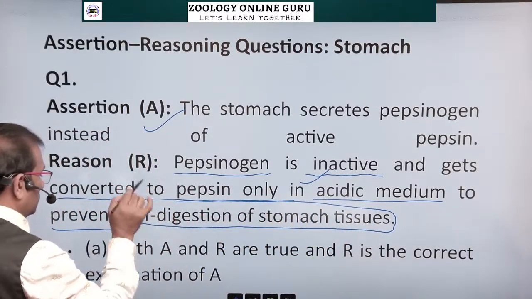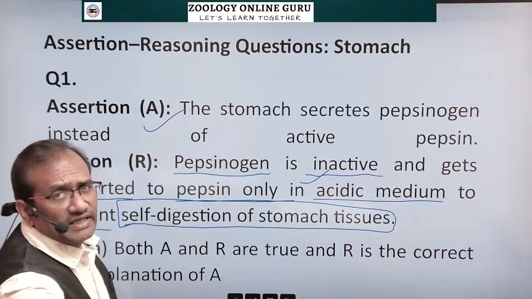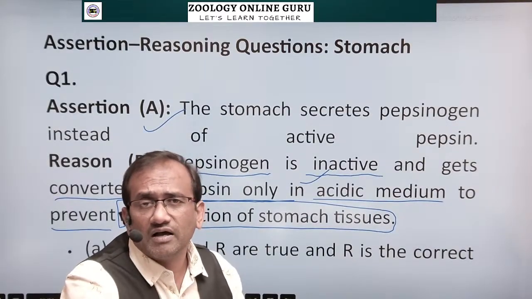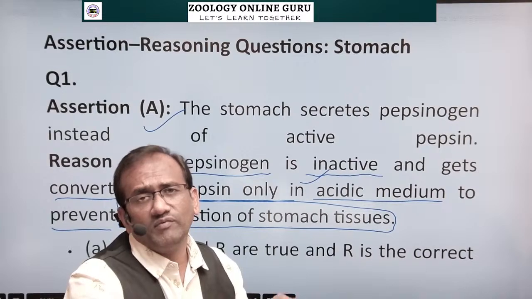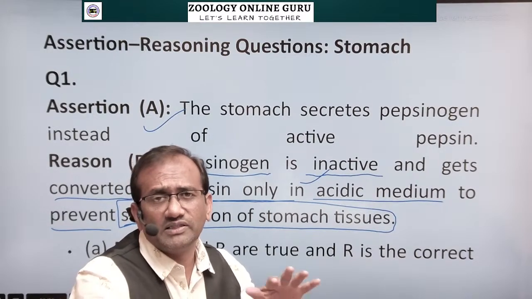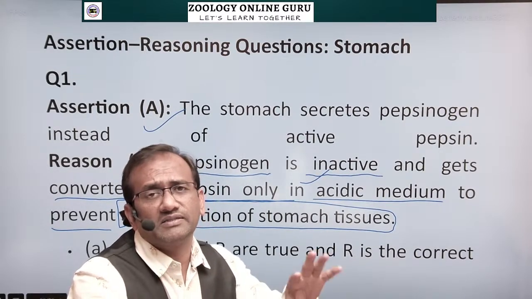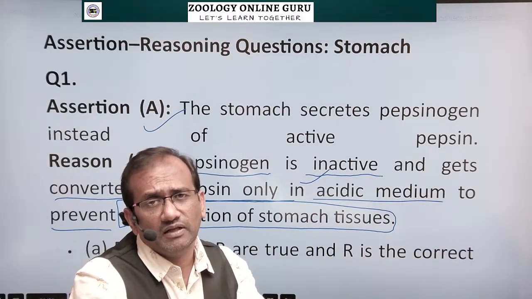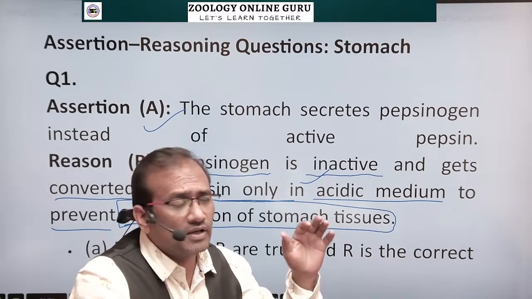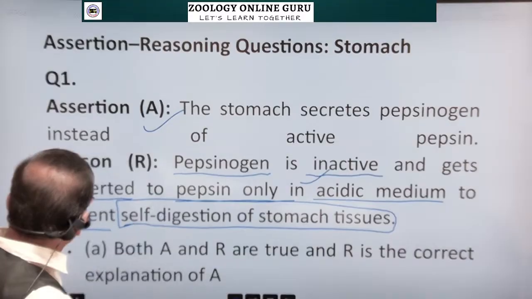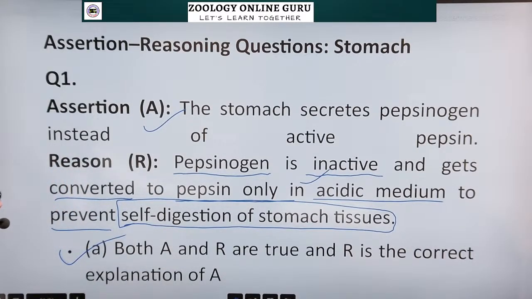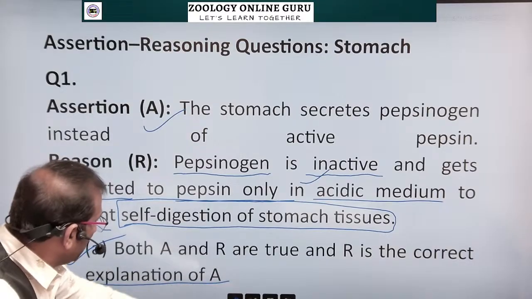When food material and HCl are present, it is converted into pepsin, digests the proteins in food, and does not digest our own stomach proteins. Both A and R are correct, and R is the correct explanation of A.